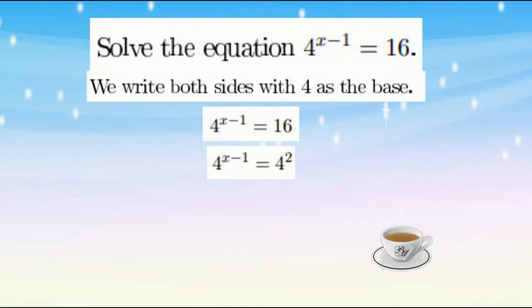Using the one-to-one property of exponential functions, x minus 1 is equal to 2. By the addition property of equality, we add 1 to both sides. So x is equal to 2 plus 1. So x is equal to 3.